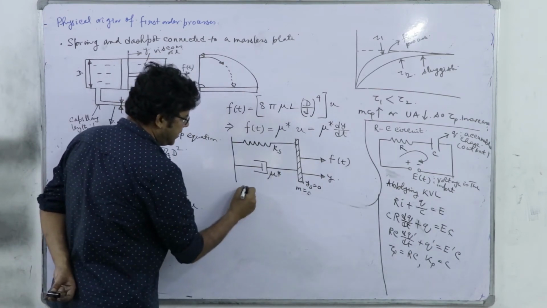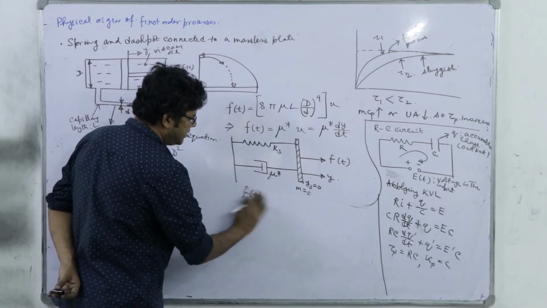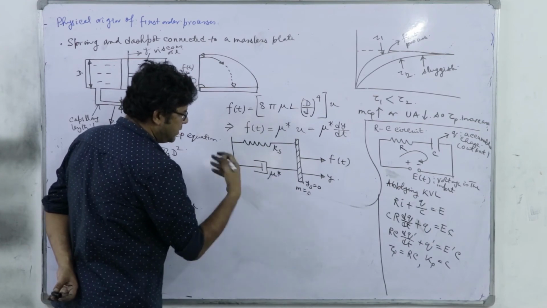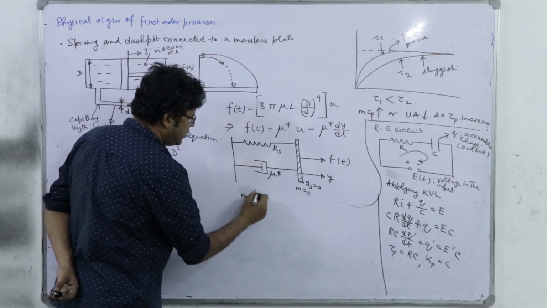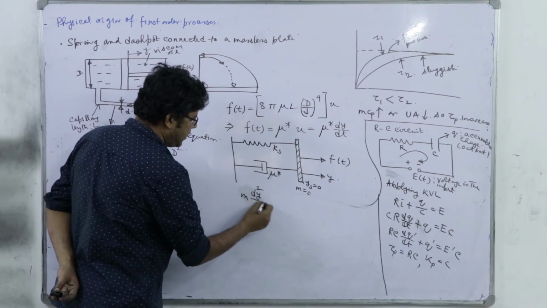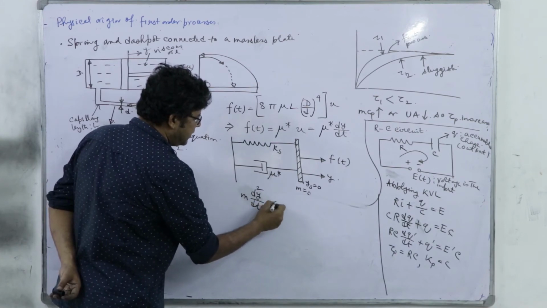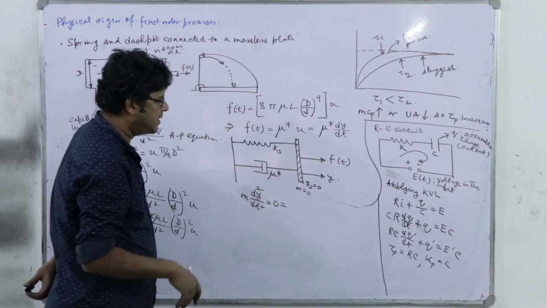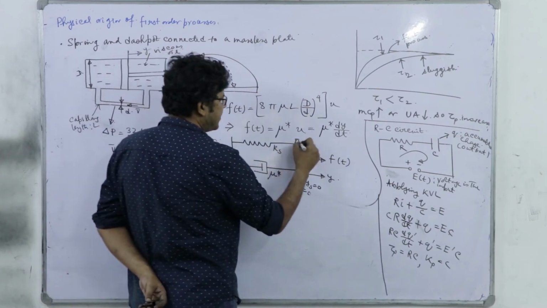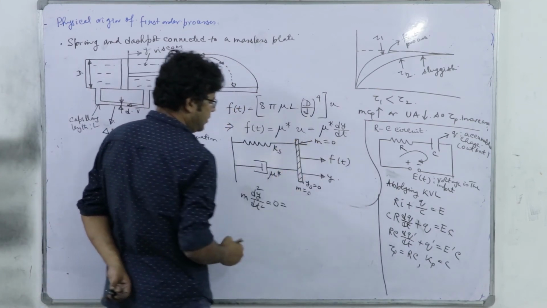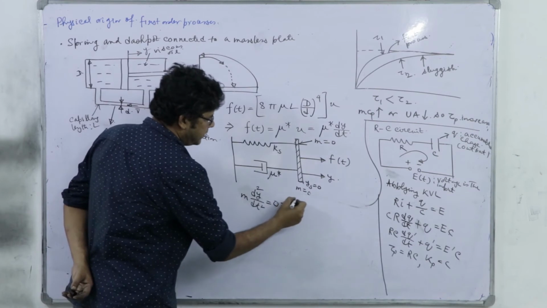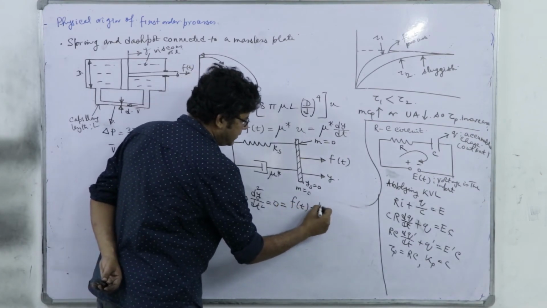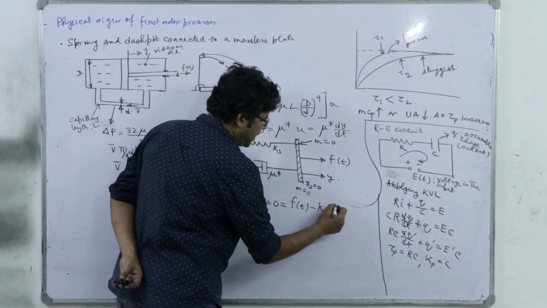So obviously there will be a force balance. We can write that m into d square y dt square is equal to 0 because the plate has no mass, m is equal to 0. It is Ft minus Ks into y prime.